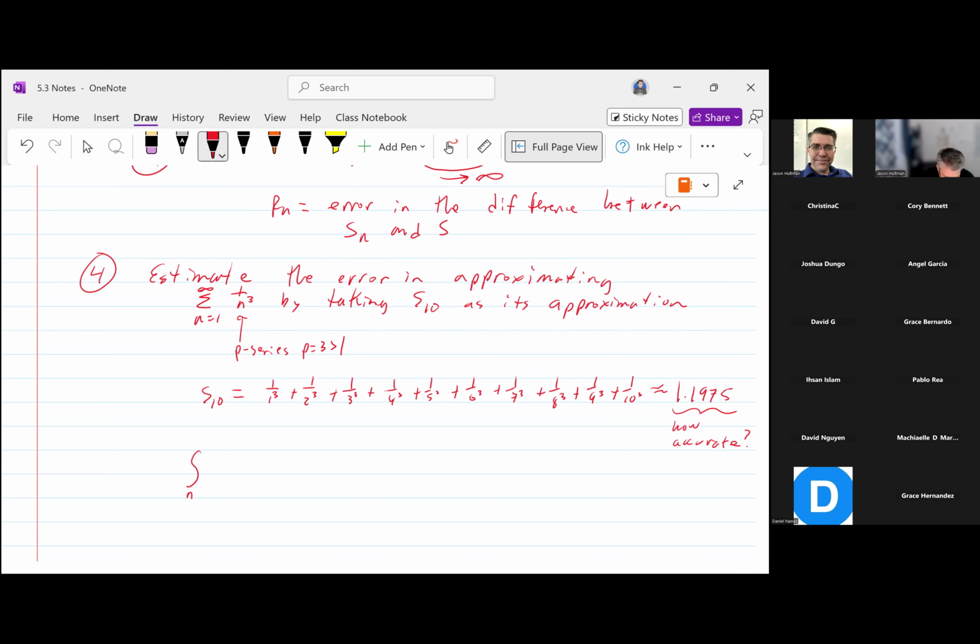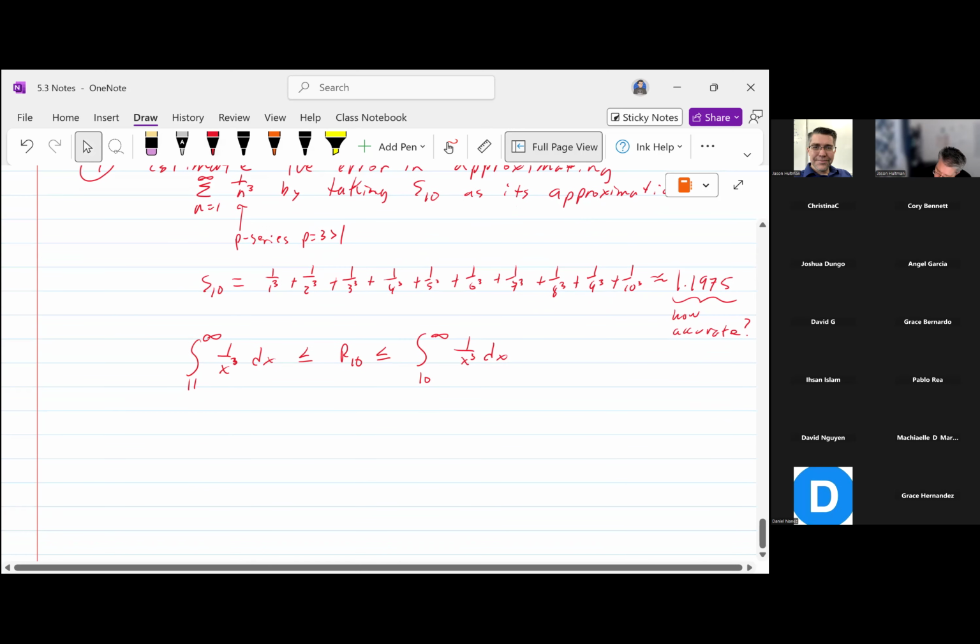The integral from n plus 1, that's 11, to infinity of 1 over x cubed dx is less than or equal to R sub 10, which is less than or equal to the integral from 10 to infinity of 1 over x cubed dx.